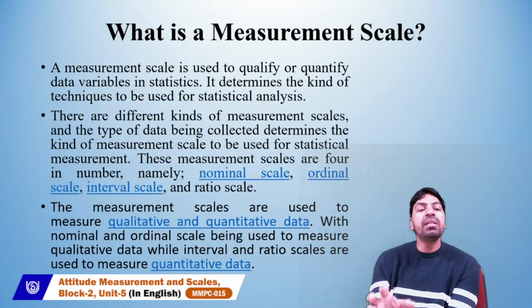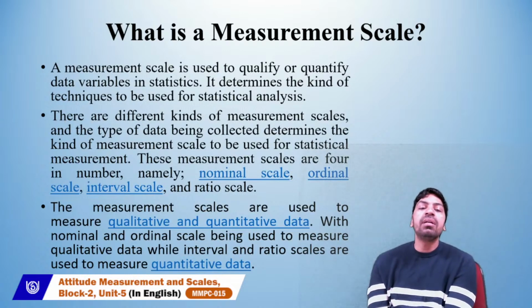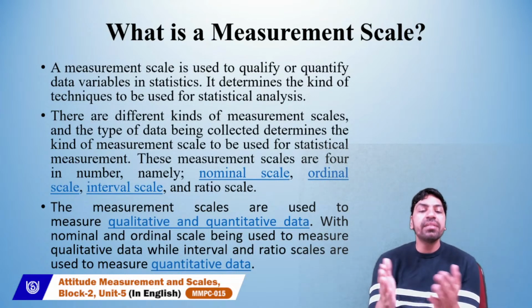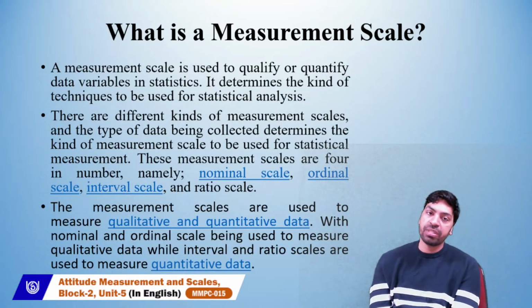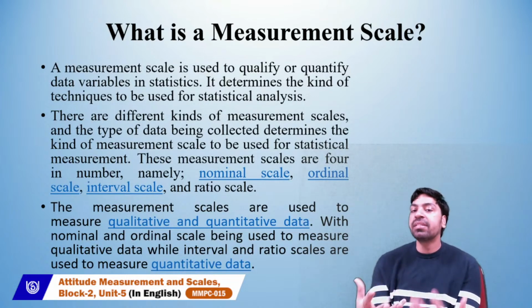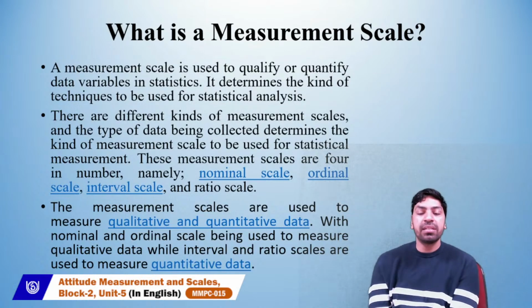So the nominal and ordinal scales are used to measure qualitative data, but the interval and ratio scales are always used with quantitative data. So let's understand these four main types of scale, nominal, ordinal, interval, and ratio, so that you can easily understand the measurement scales.